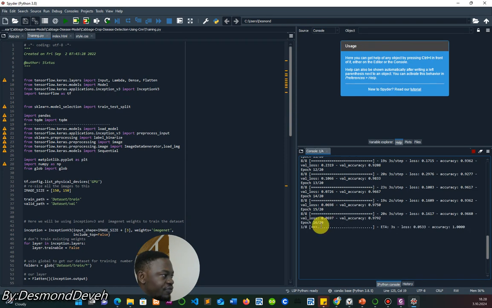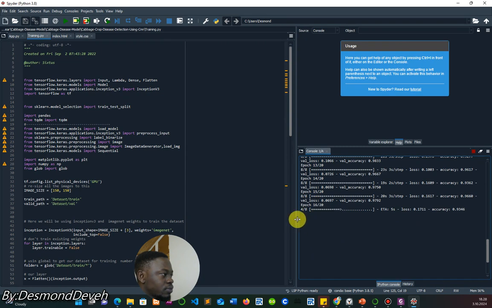Okay, so 15, 16. Okay, so the losses keep decreasing, because it is now able to identify the kind of images it has to learn.